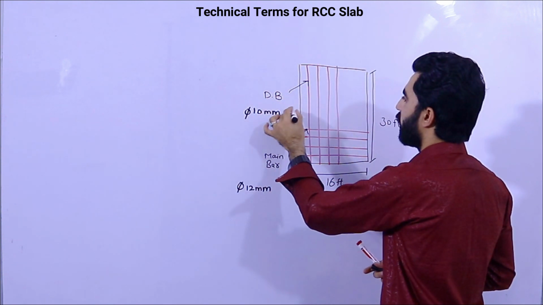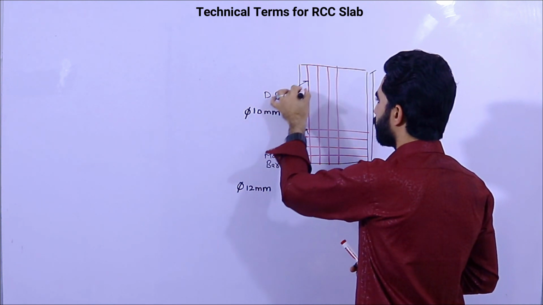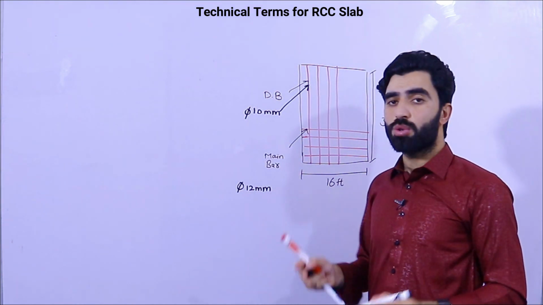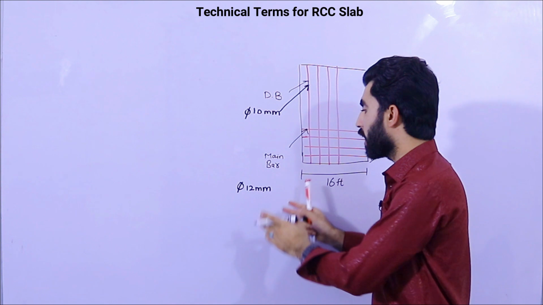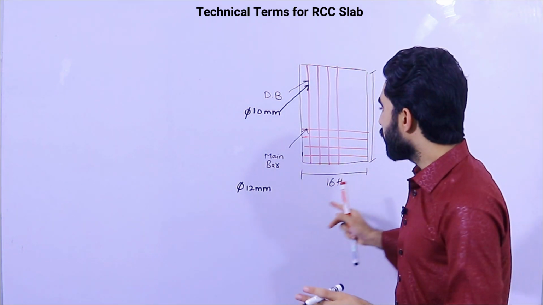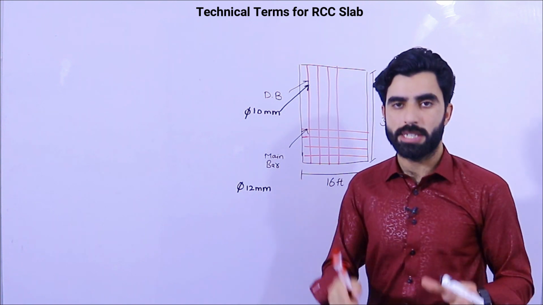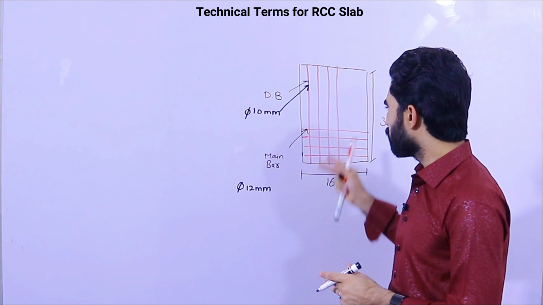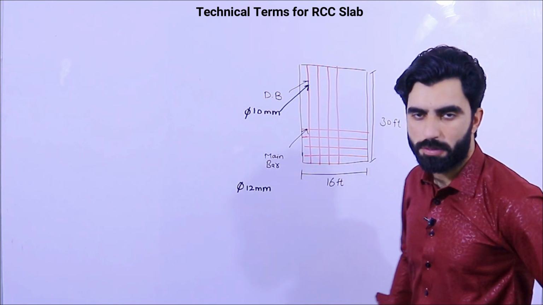But it's not essential; if you want to use the same dia of 12 millimeter for distribution bars and main bars, it's also okay. But the main bars' dia should be maximum if you want to get a good result from the steel reinforcement or from the slab.